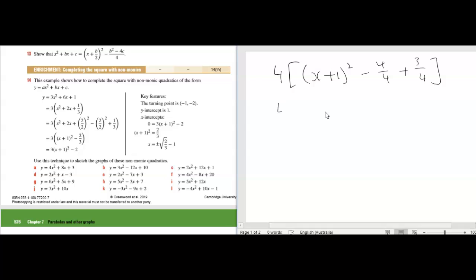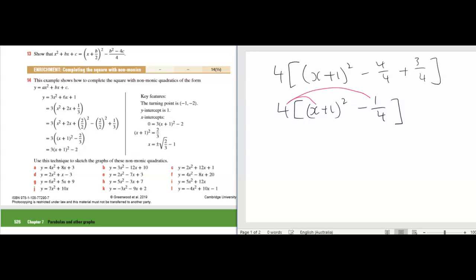Again, keep that 4 there, the x plus 1 squared, minus 4 on 4 plus 3 on 4. So we now have the same denominator, so just work with your numerator. Negative 4 plus 3 gives you negative 1 over 4.